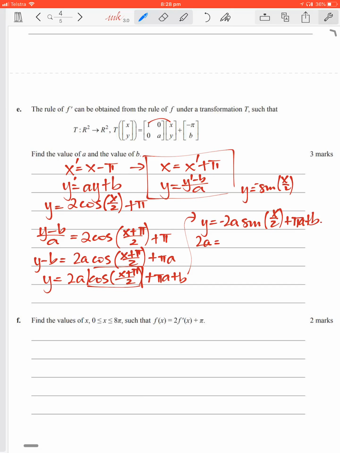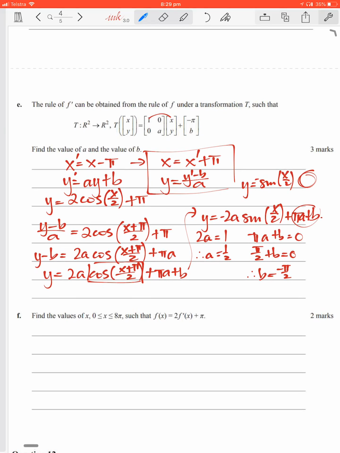We know that 2a has to equal 1, so therefore a has to equal a half. And we know that there is no value added on, so pi a plus b has to equal 0. We know a is a half, so pi on 2 plus b has to equal 0, so therefore b has to equal negative pi on 2.